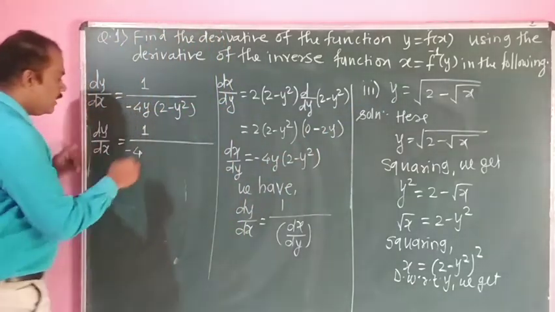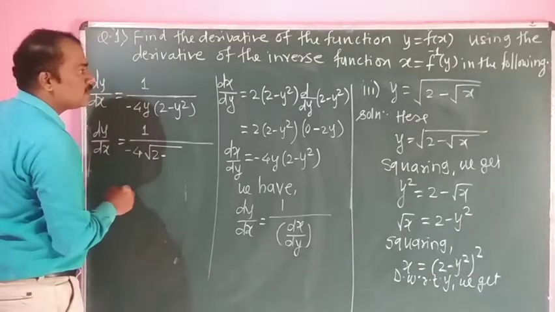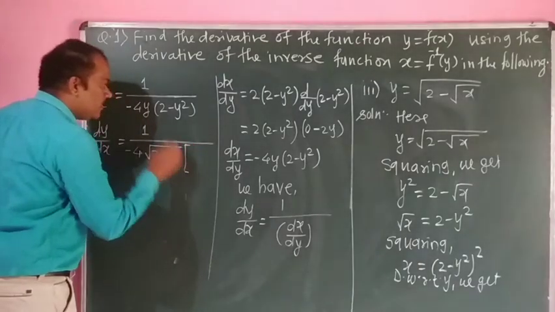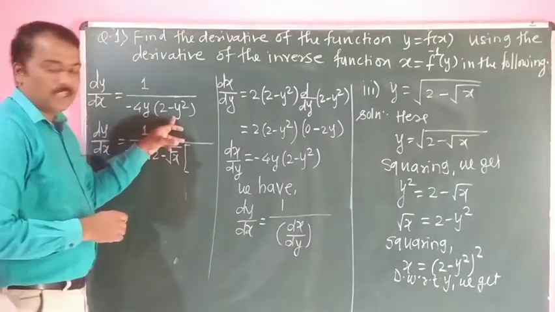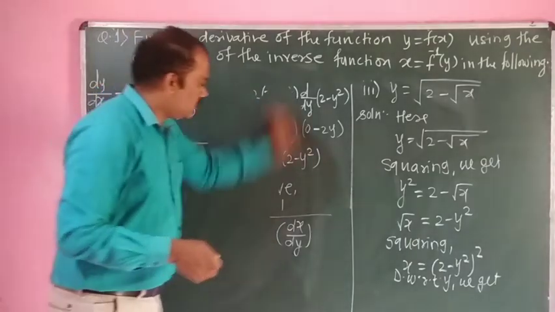What is the value of y? Under square root of 2 minus under square root of x, into, now we substitute the value of 2 minus y squared, so we have to cancel this.